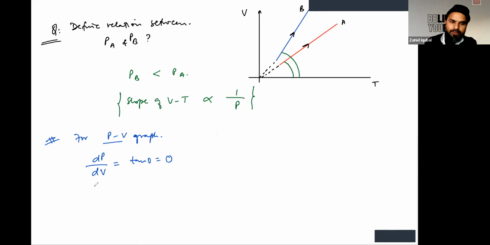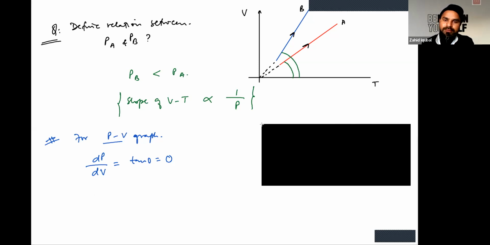Using this, we may find the bulk modulus. Let me define the formula related to the slope to calculate bulk modulus. Bulk modulus is equal to volumetric stress by volumetric strain, as I defined in mechanical properties of solids.